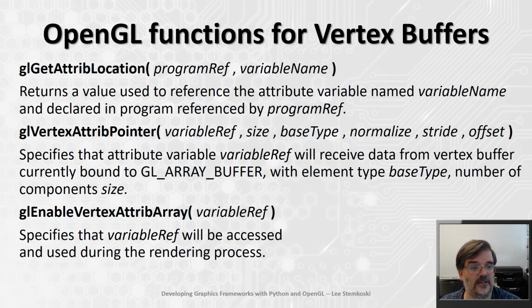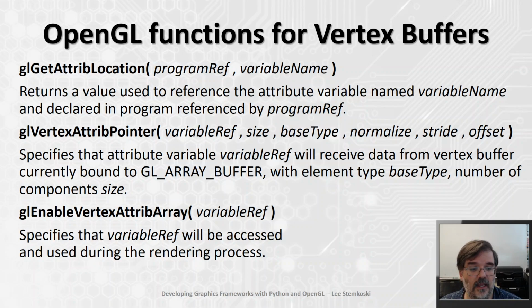And these are the 6 functions you're going to need in order to upload data to the GPU for vertices. All right, so it's a very theoretical description of what these functions are. I think it'll make more sense once we practically implement it in code.